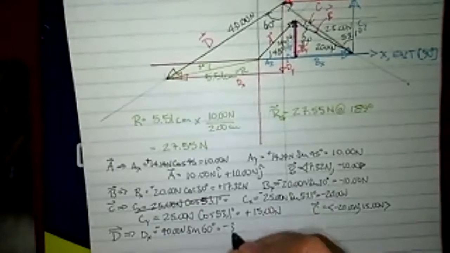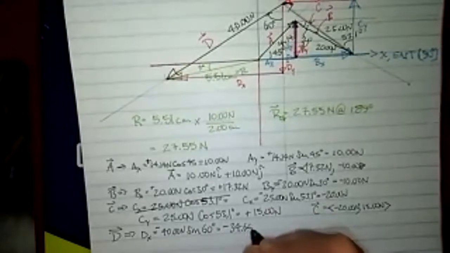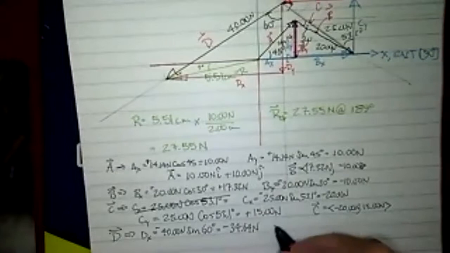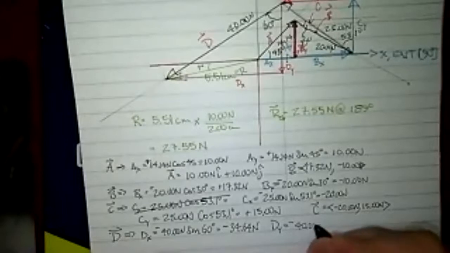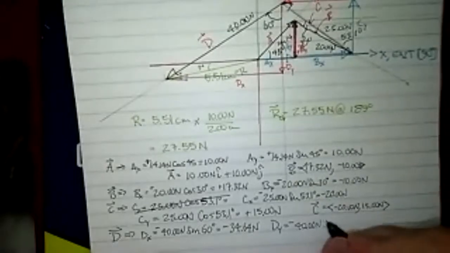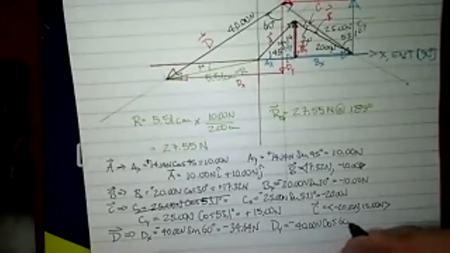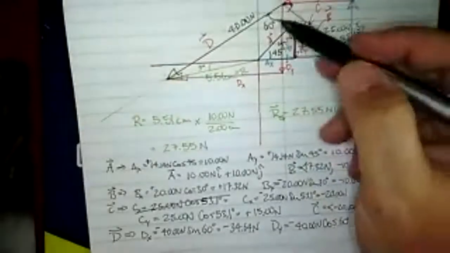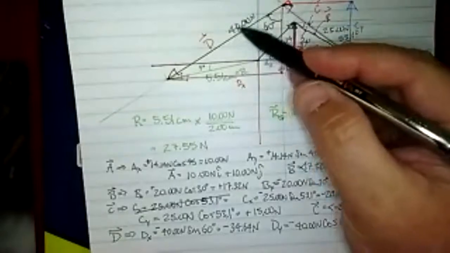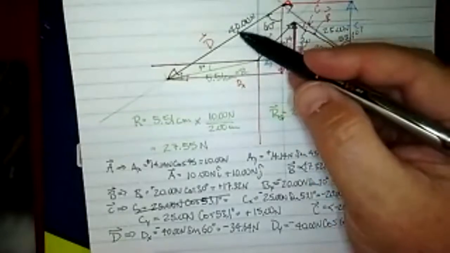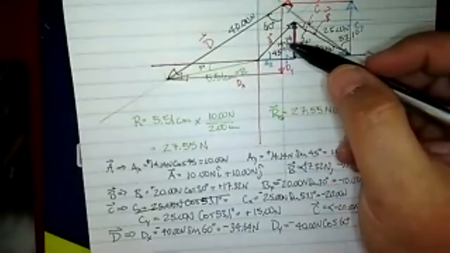So it's negative 34.64 newtons. And then the y component, D y, is equal to, again, negative, so I'll force that, 40.00 newtons times the cosine of 60 degrees. Now the cosine of 60, you can see that's the smaller side, so that's the 1. But I had to multiply the 2 by 20 to get this, so I have to multiply the 1 by 20.